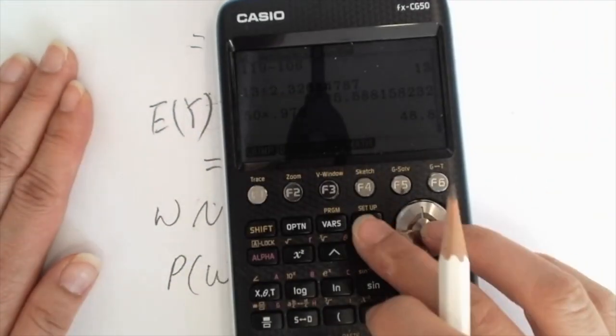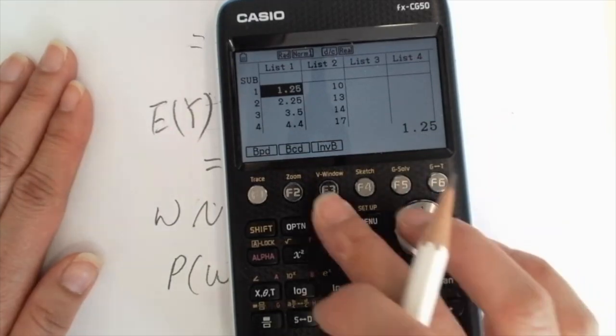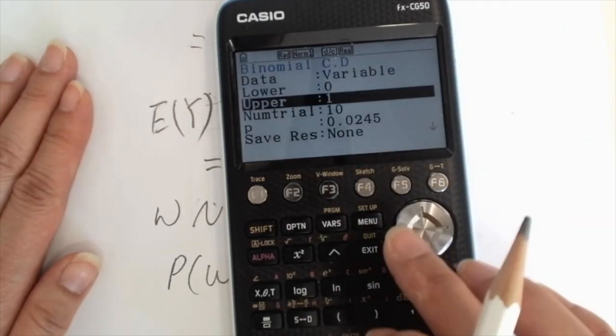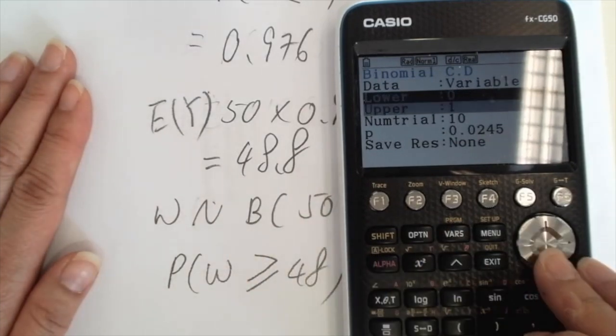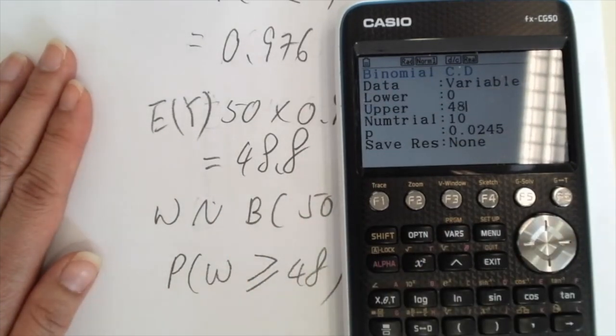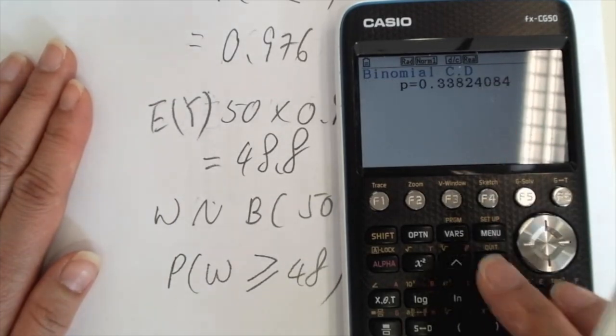Now we use our calculator again, manual, statistics, distribution, binomial. This time we have up to 48. So we have up to 48 from 0 onwards, 50 bags, and then the probability is 0.876.